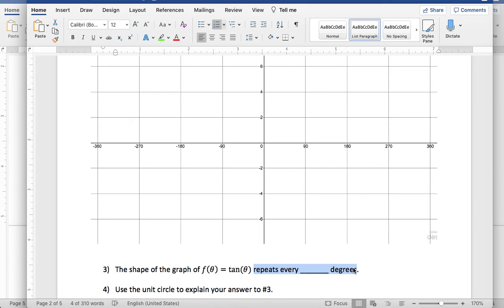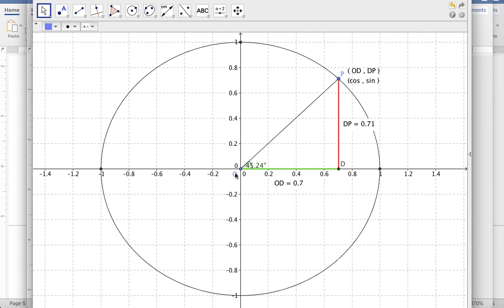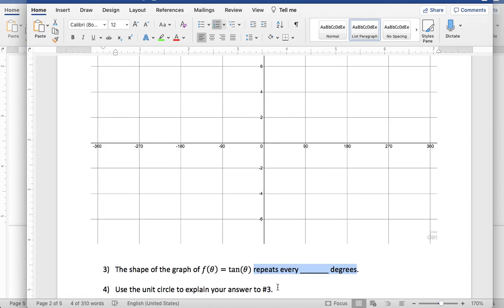Once you've answered number 3, I want you to think of your unit circle, and I want you to use your unit circle to help explain why it repeats every blank degrees. Pause here. Hit play when you're ready to continue.